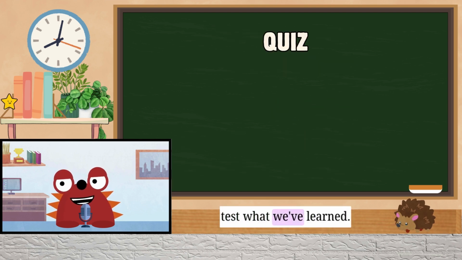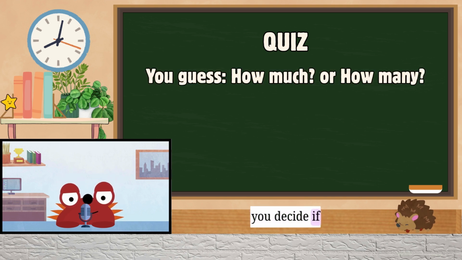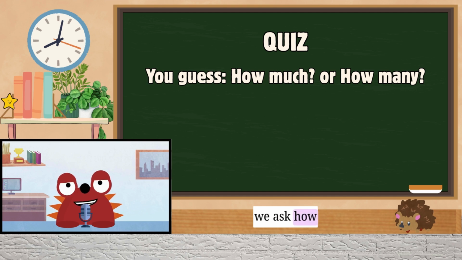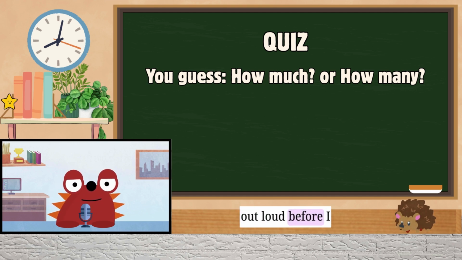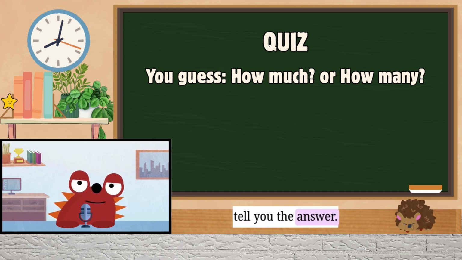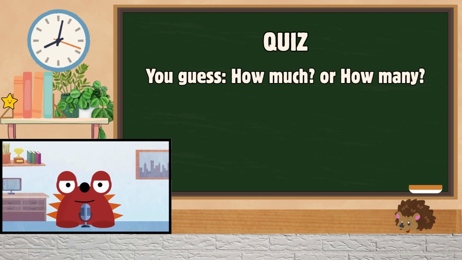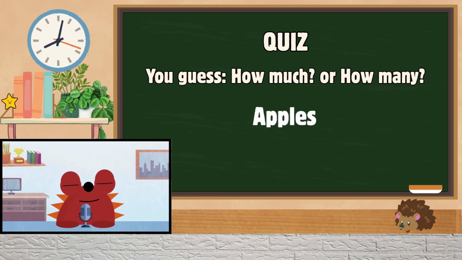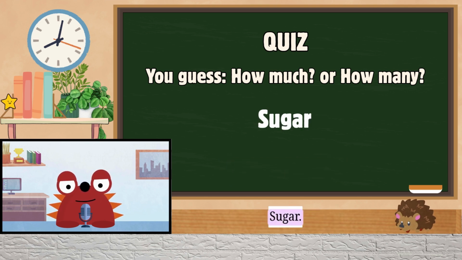Let's test what we've learned. I'll say a noun, and you decide if we ask how much or how many. Answer out loud before I tell you the answer. Ready? Number 1, apples. How many apples? Sugar.